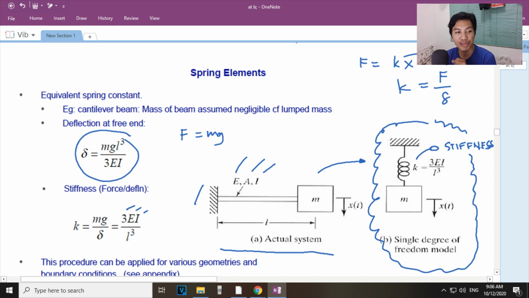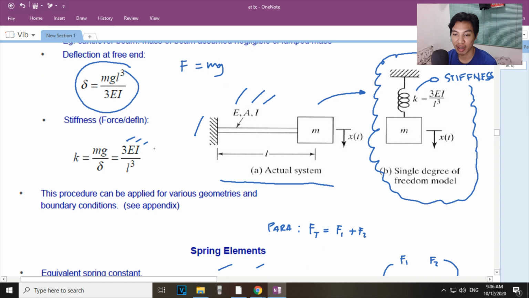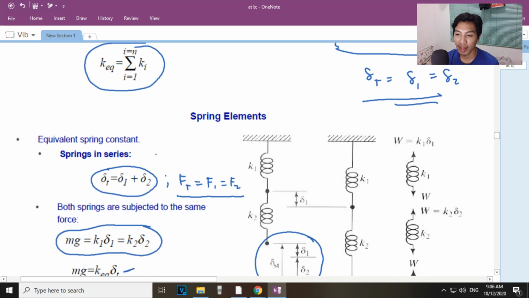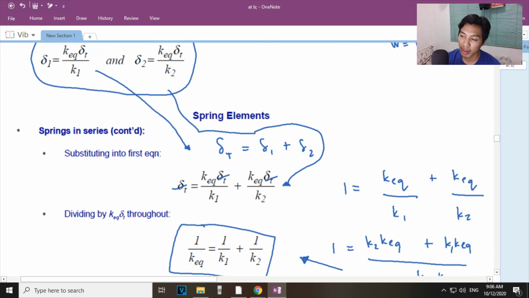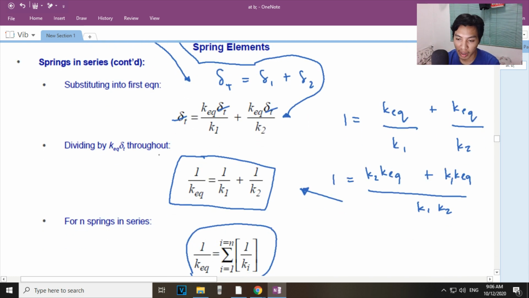Kailangan nga, i-consider mo yung vibrations pag mag-design ka na ng machines. Okay? And that will be all for spring models, okay? Spring elements pagdating ng vibration analysis. And we will continue this on our next meeting. That will be all for today. Have a nice day.